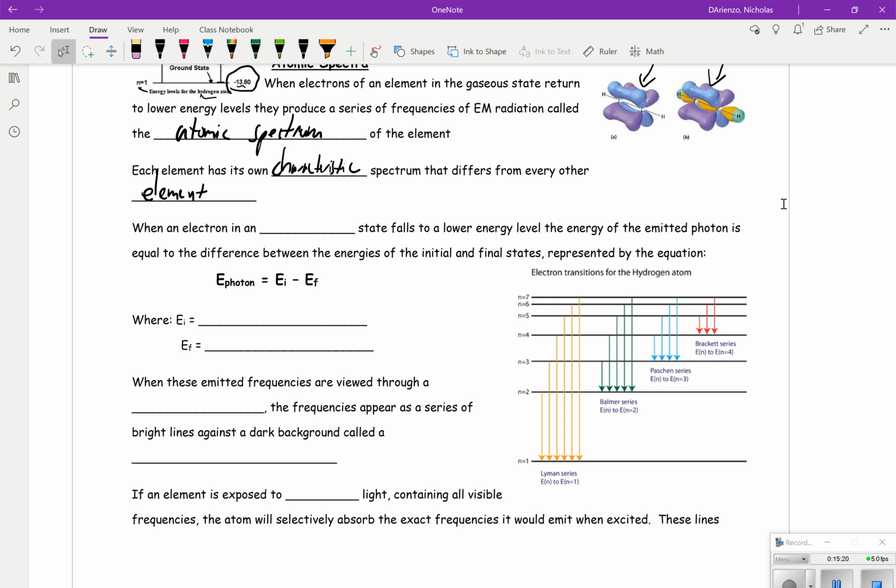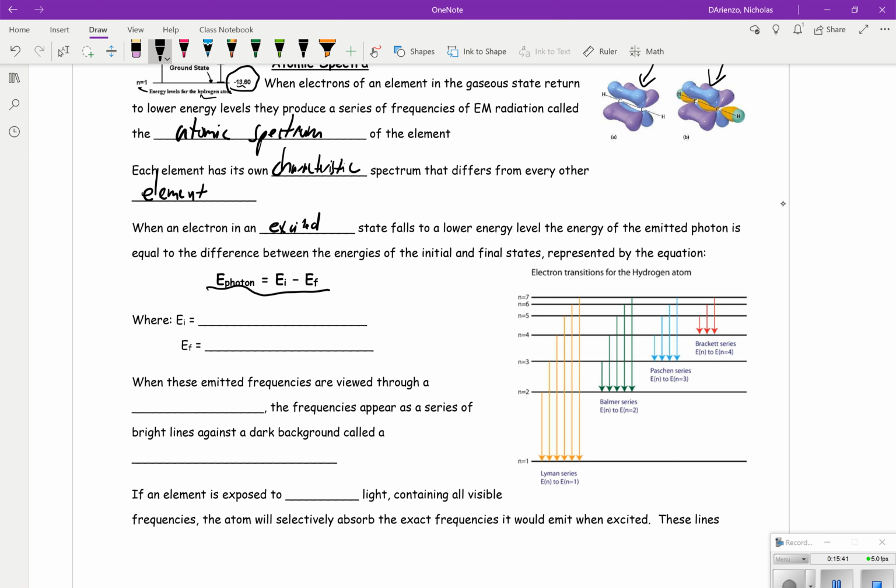Now, when an electron in an excited state falls to a lower energy level, the energy of the emitted photon is going to be equal to the difference between the energies of the initial and final states of the electron, and it's represented by the equation here.